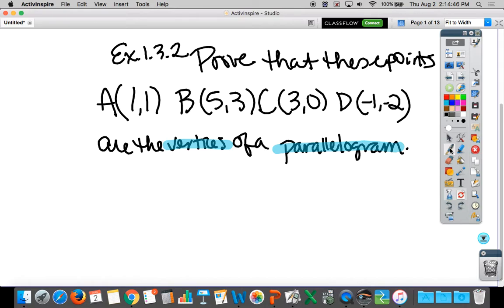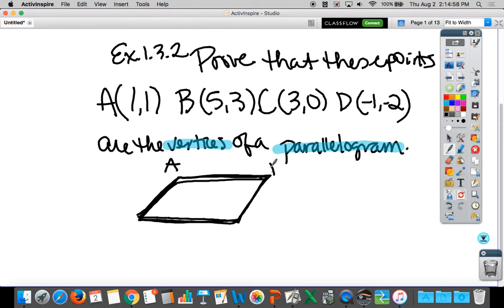Okay, maybe a rhombus. So y'all have not had a full geometry class, so this is somewhat foreign. Y'all may have learned it in elementary school or middle school. So what we know is that sides AB and DC are parallel, right? And AD and BC are parallel.